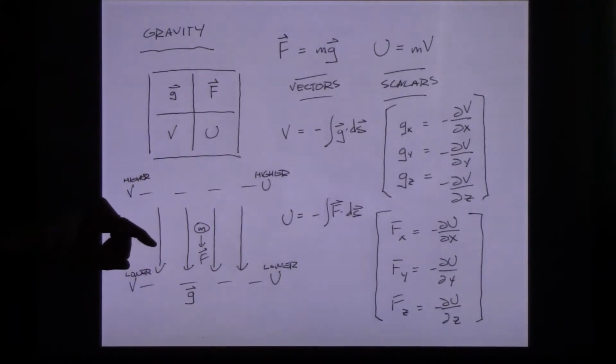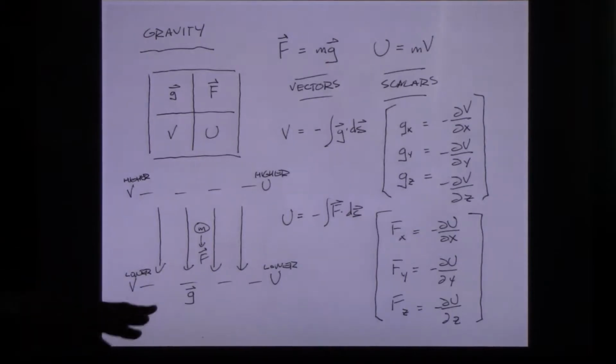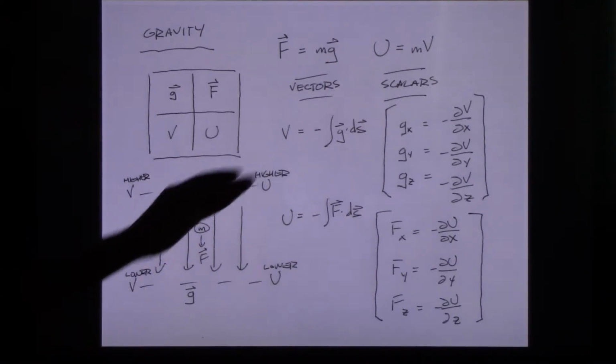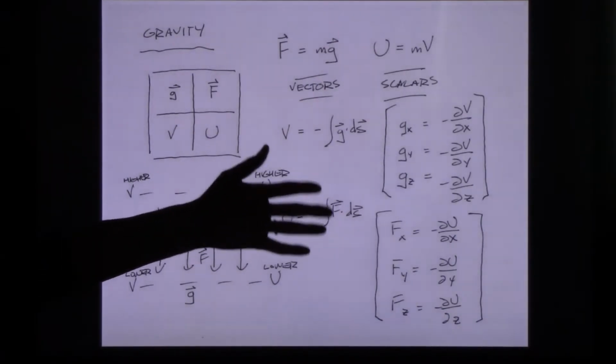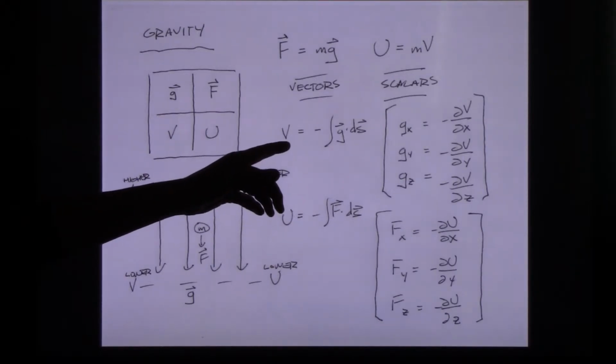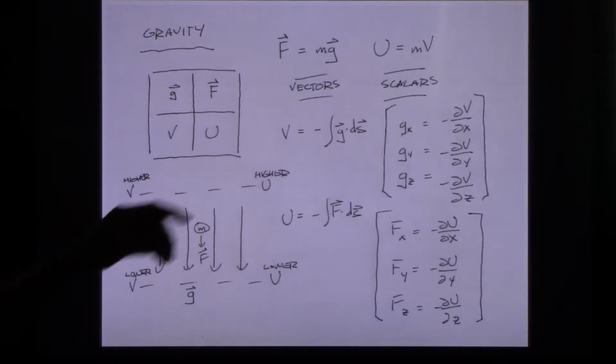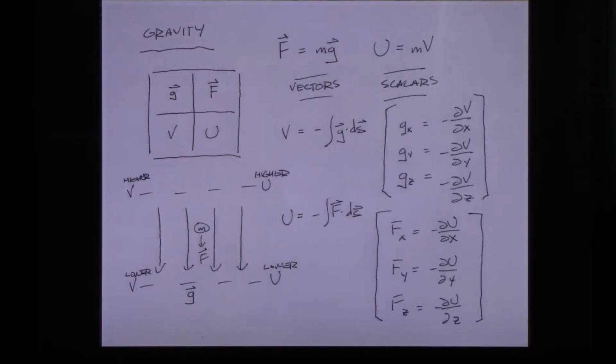The equation there is F equals mg, and those are vector quantities. They have direction. Or I can work in terms of energy. Instead of working in terms of force, I can work in terms of energy, and that would become our scalars, which are gravitational potential and gravitational potential energy.